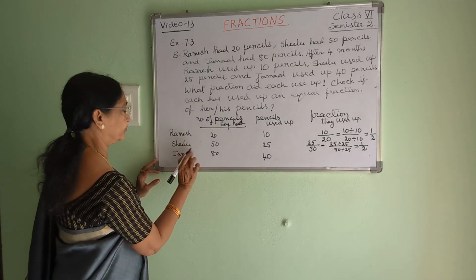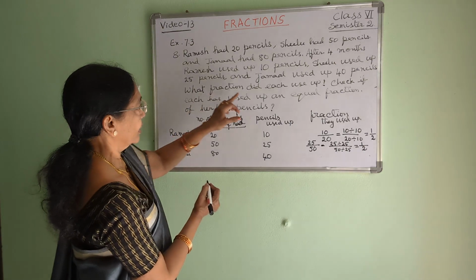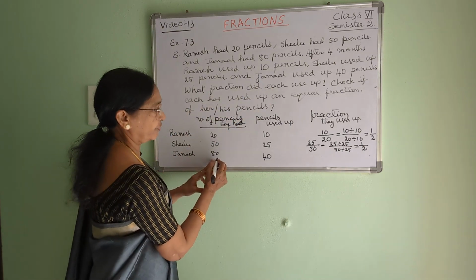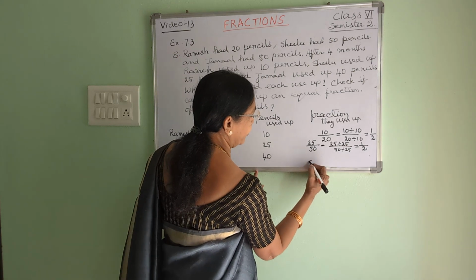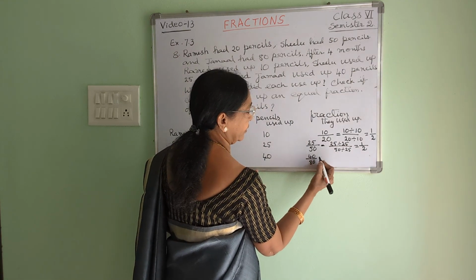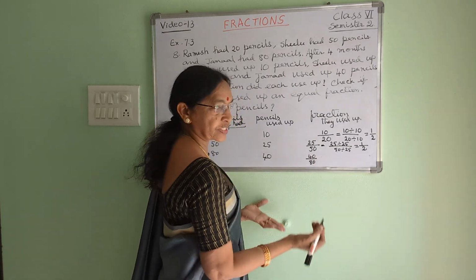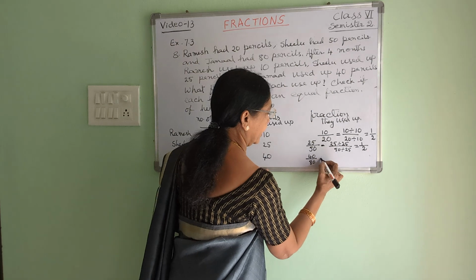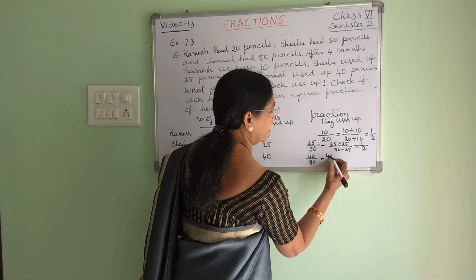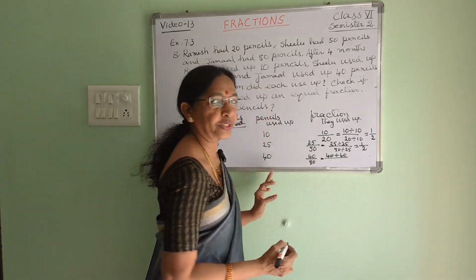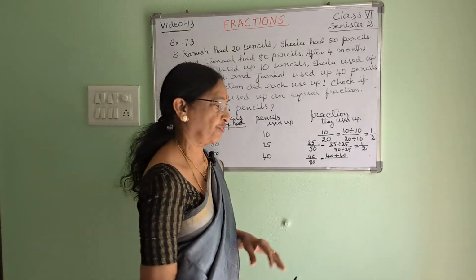Similarly, Jamal used up 40 pencils out of 80. So, total number of pencils 80 and pencils used up are 40. Therefore, the fraction of the pencils used up is 40 by 80. This is divisible by 40. Therefore, we divide both the numerator and the denominator by 40.